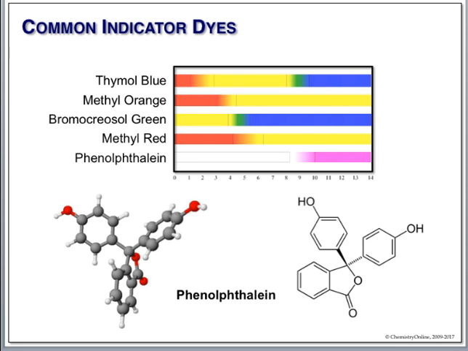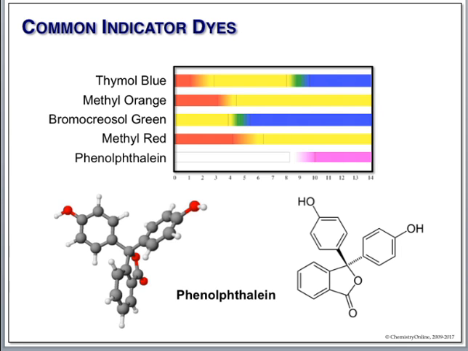In acidic solution, we have protons on both of these OH groups, and it's colorless. When we hit pH 8 or 9, we start losing a proton here, and it turns pinkish to purple. This is the classic general chemistry indicator. If it's colorless, it means you're acidic. If it's pink or purple, it means it's basic.